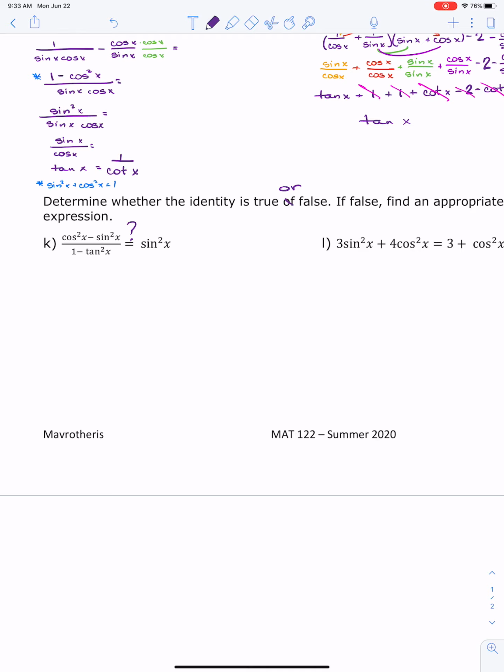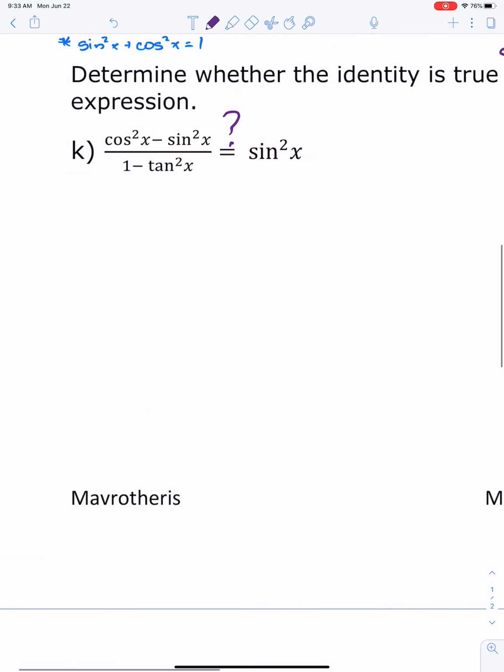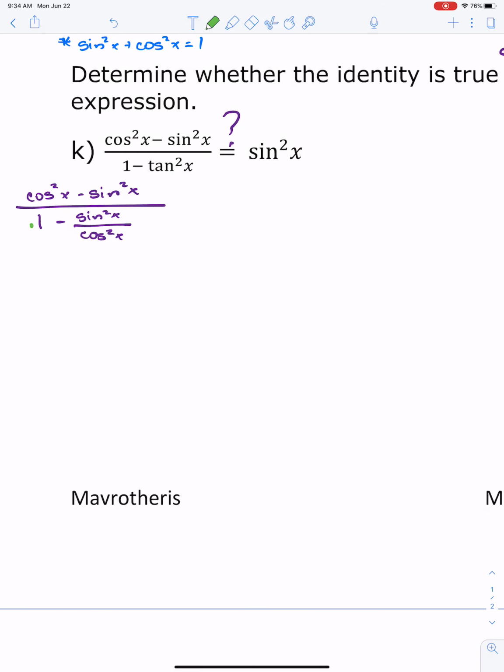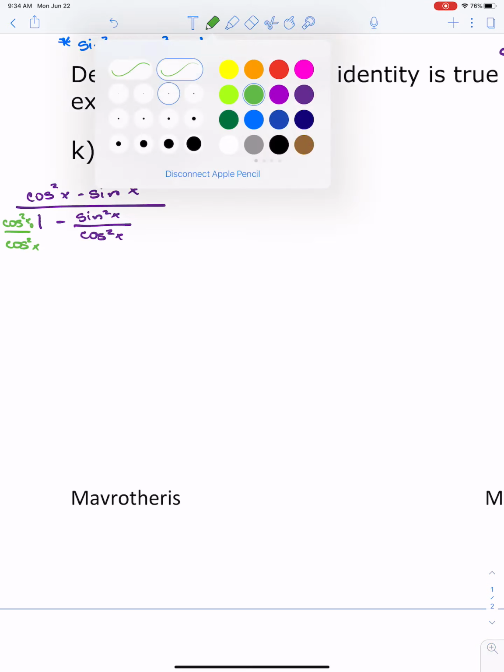And so I'm going to start by rewriting everything in terms of sines and cosines. I get cosine squared x minus sine squared x over 1 minus sine squared x over cosine squared x. I'm going to start with the denominator here and create a common denominator in the denominator.